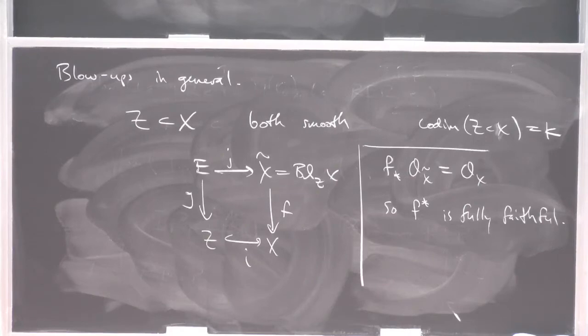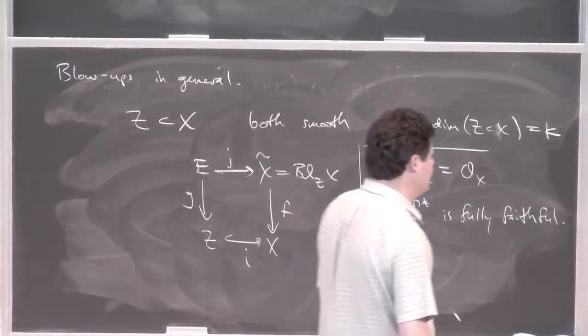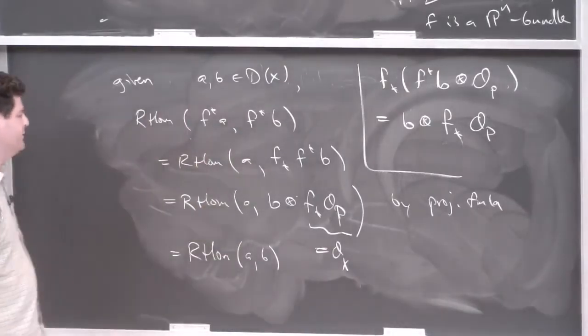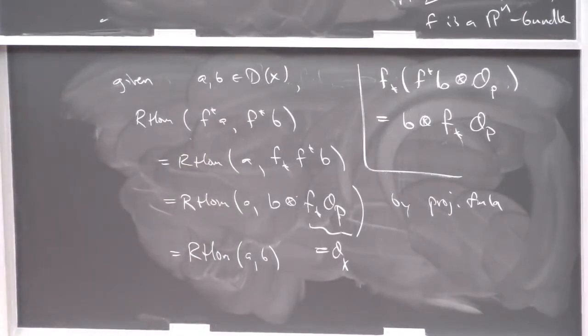Same reason: if the pushforward of O is O, then the pullback is fully faithful because you just use the projection formula.